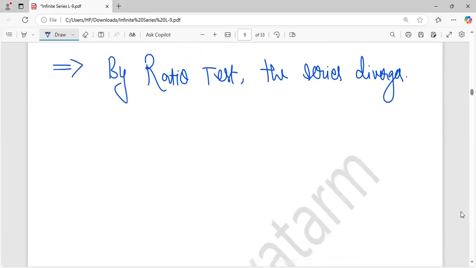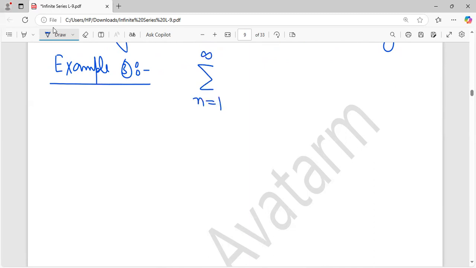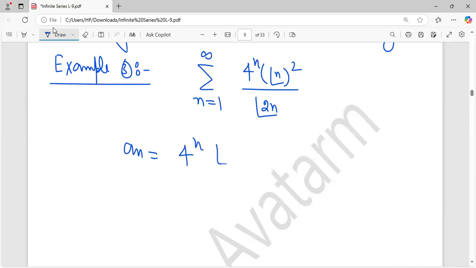Now what about this? Example 3. This is limit n tending to infinity 4 to the power n factorial n square upon factorial 2n. Okay. So what is a_n? This is this.